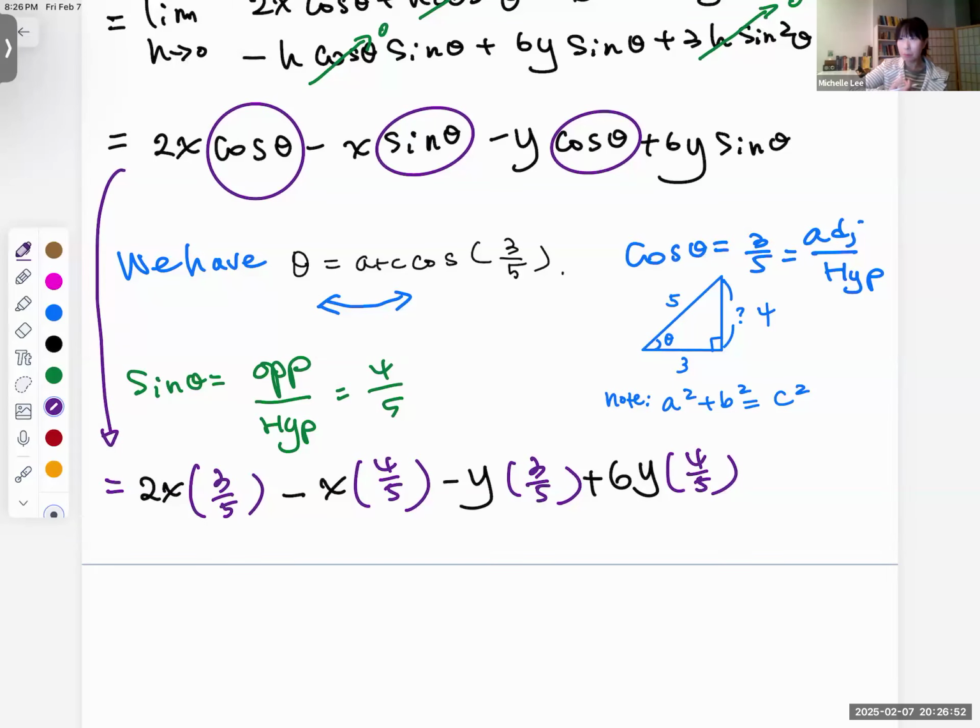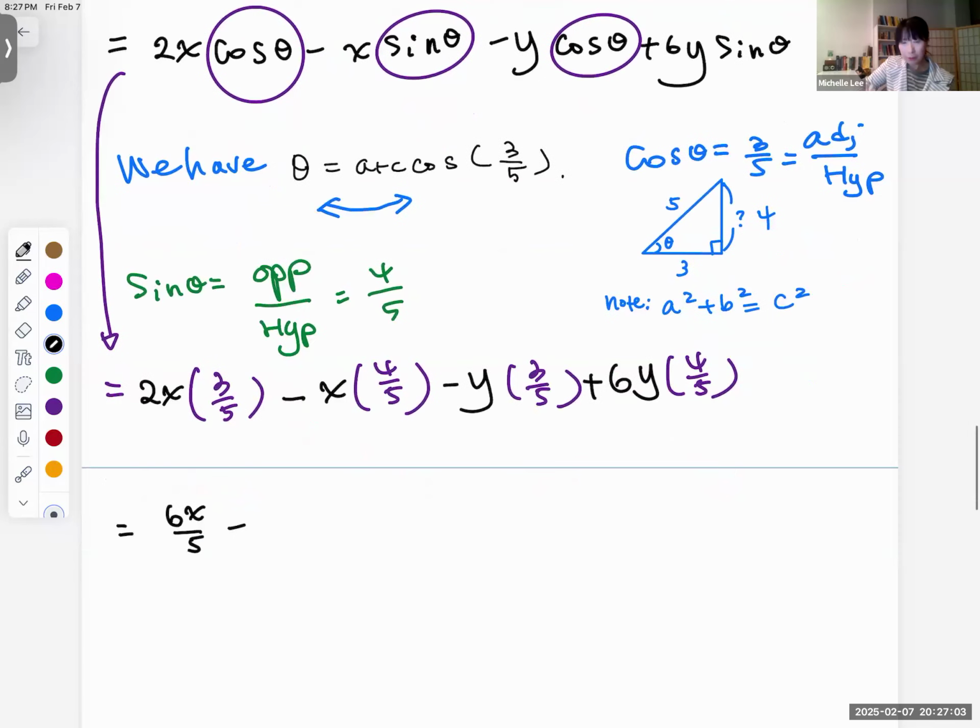So if we simplify, then the first one we get 6x/5. And second term we have 4x/5. Third term we have 3y/5. And plus 24y/5, right?